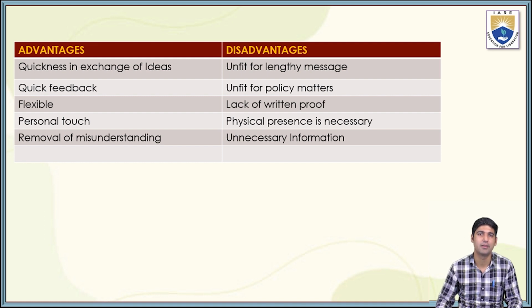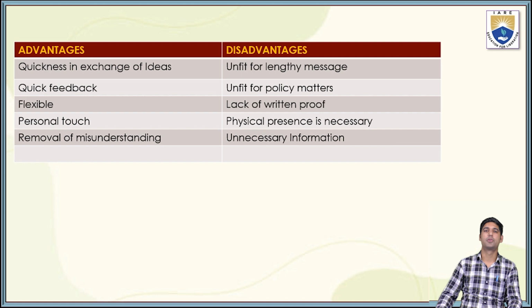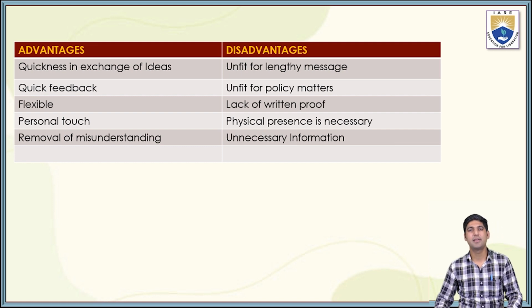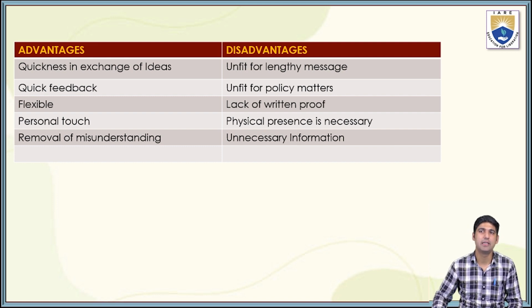This is again a disadvantage. Sometimes we cannot be physically present everywhere, so there we need some other form of communication, like written communication. But when we talk about oral communication, it is a disadvantage that physical presence is necessary.